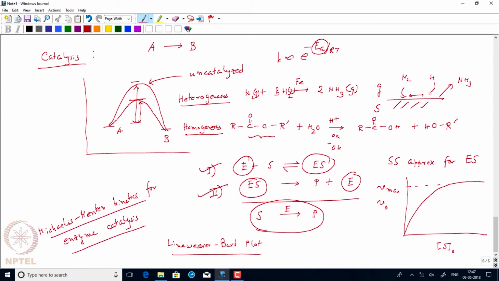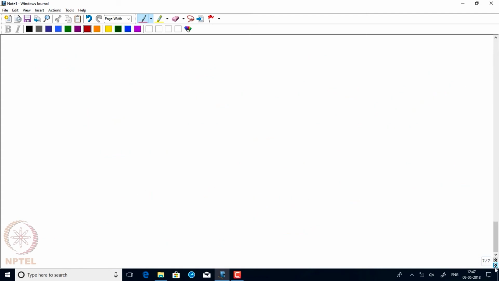Now what we have done so far is give you an overview, the introduction to chemical kinetics: what the rate laws are, what the definition is, how one can think about the integration of the rate laws, and then the specific types of reactions like equilibrium, opposing, and consecutive. And then how a multi-step or composite reaction can be decomposed into many single step reactions, so that we can explain the observed rate law by doing all these maths.